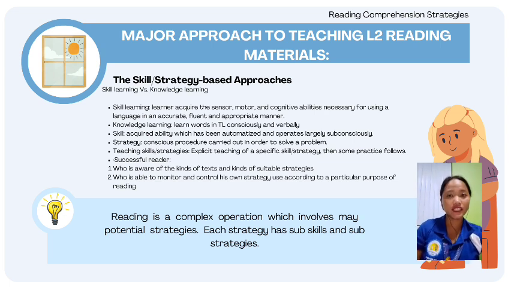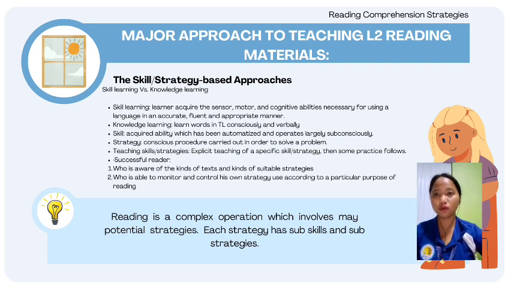So, reading is not a simple one-step activity. Instead, it is a complex operation that involves multiple strategies, each of which has its own sub-skills and sub-strategies. For example, when encountering an unfamiliar word, a skilled reader may identify word parts.